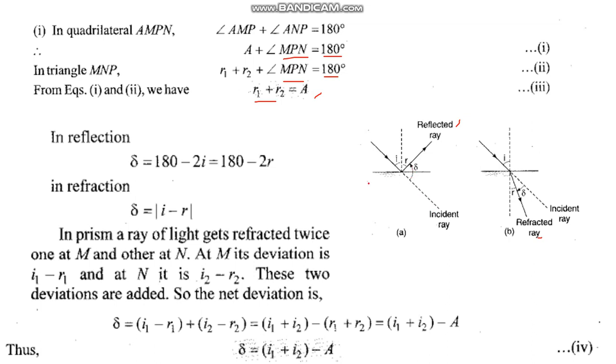Delta plus I plus R will be 180. But you know that I is equal to R. So delta plus 2I is equal to 180. You get this expression, delta is equal to 180 minus 2I or 2R. If it is a reflection case, you need to remember this.